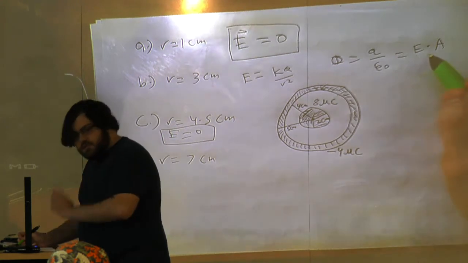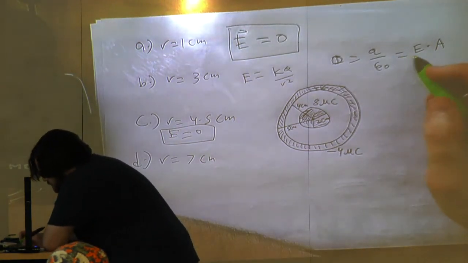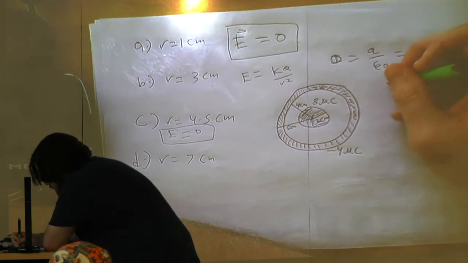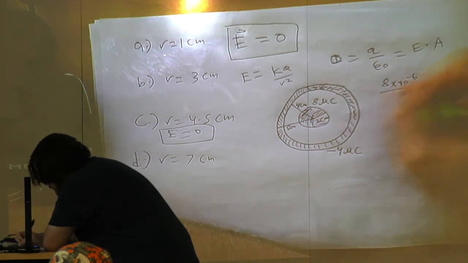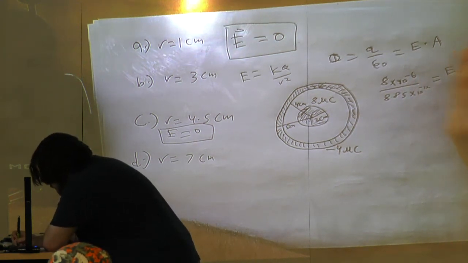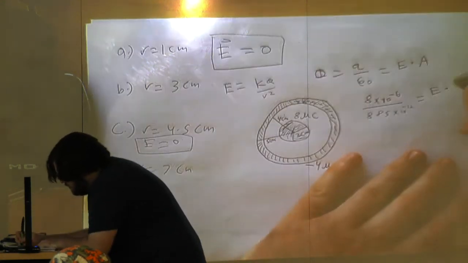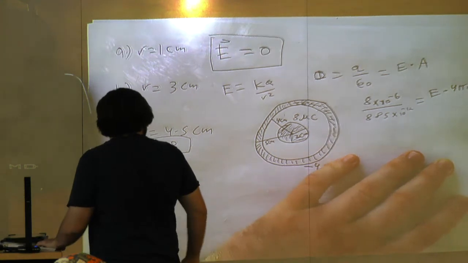I'm going to use this way. So if I have Q, that's 8 times 10 to the negative 6 coulombs divided by 8.85 times 10 to the negative 12 equals E times 4 pi R squared.